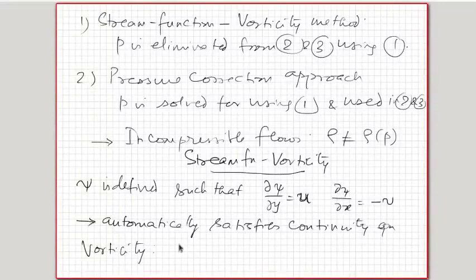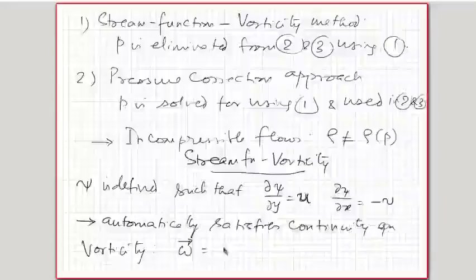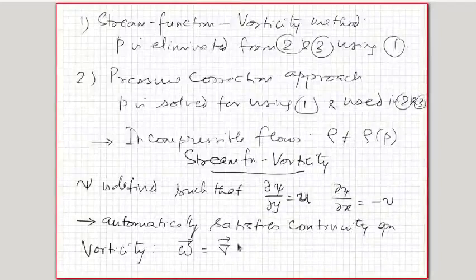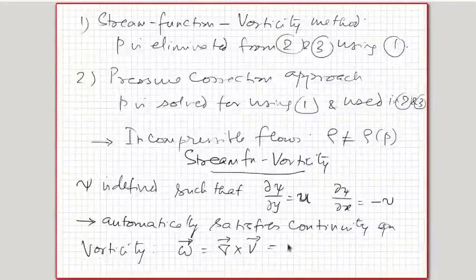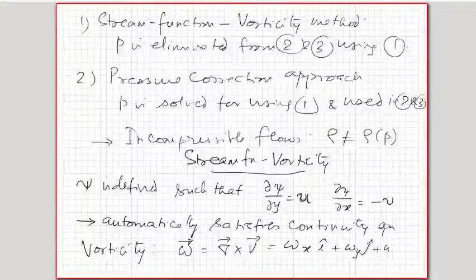Vorticity in fluid mechanics is defined as omega vector, it's a vector, is del cross v. Okay, so this has the vorticity in three components. Let's say omega x into i plus omega y into j plus omega z into k.